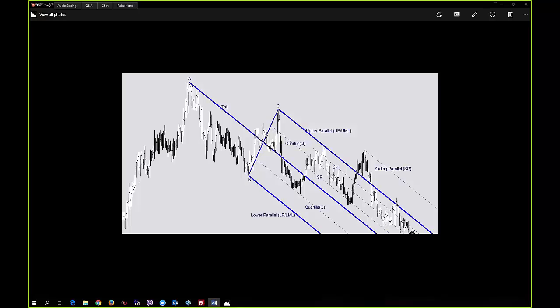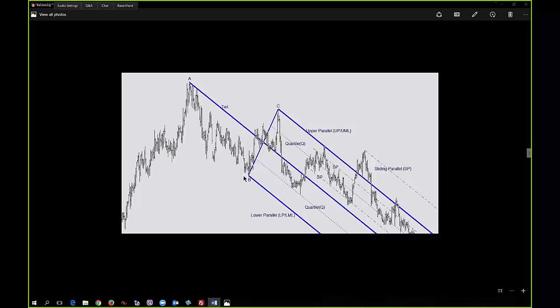All right. So on the chart here, you can see I've drawn in the A, B and C. This is normally how you would mark up a standard pitchfork. This is the tail of the pitchfork, and the central line is the median line, or the angle of the market. Every other line is really just a copy of that.